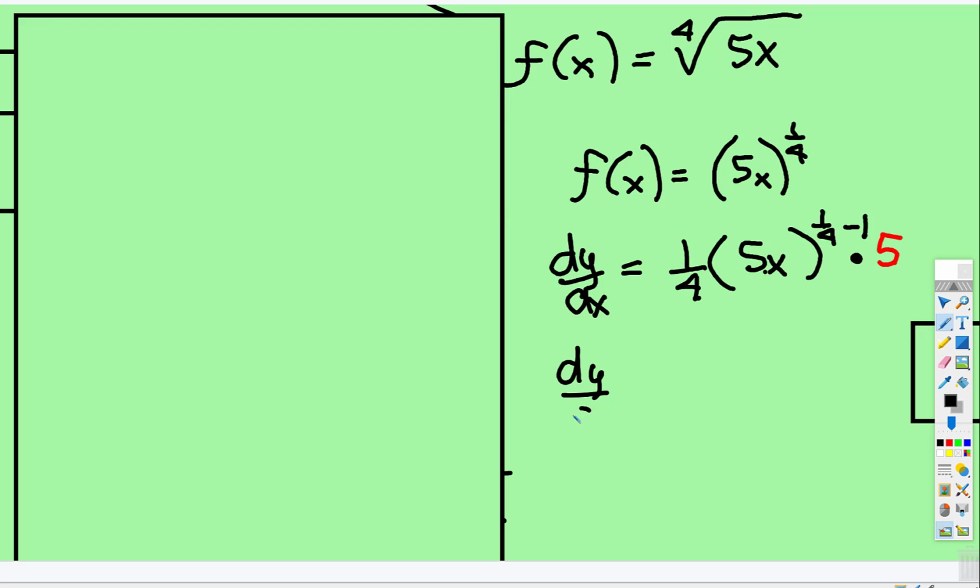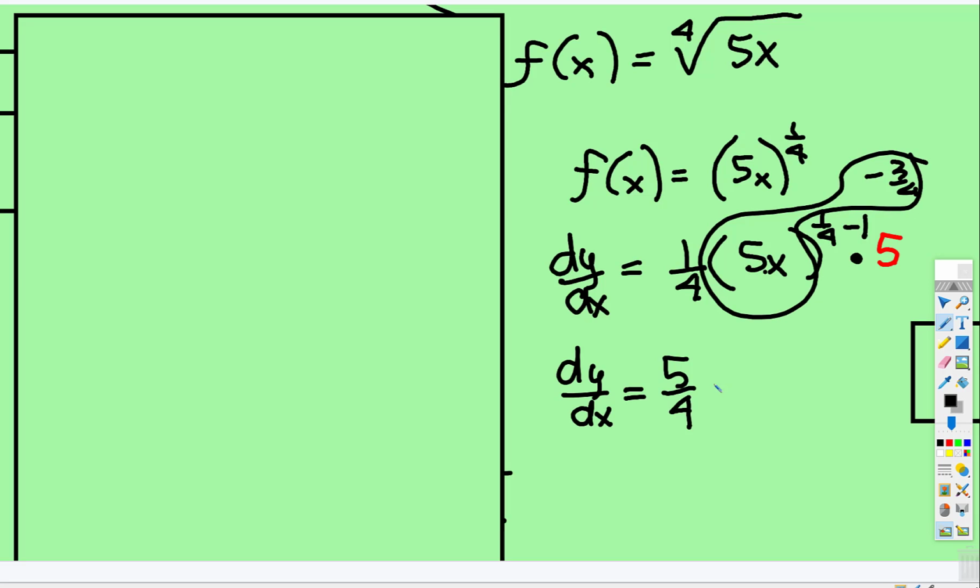So we have dy/dx is equal to 1/4 times 5, which is 5/4. And then we have 1/4 subtract 1, which is the same as negative 3/4. So this thing right here is now to a negative exponent. So that's going to come down here, 5x to the positive 3/4.